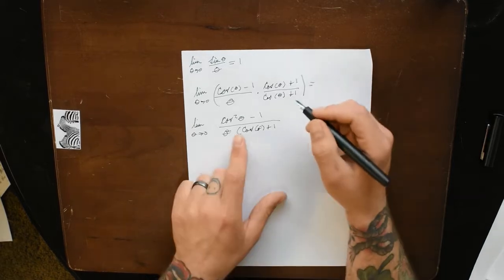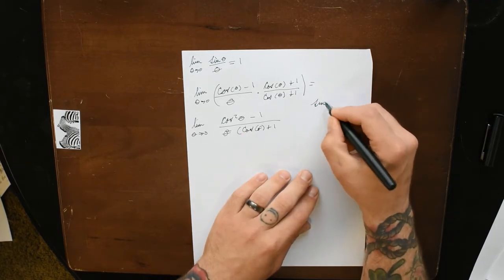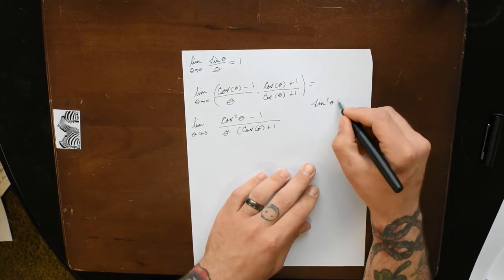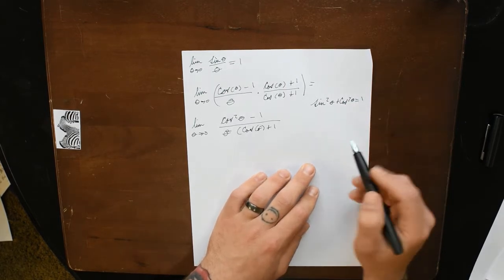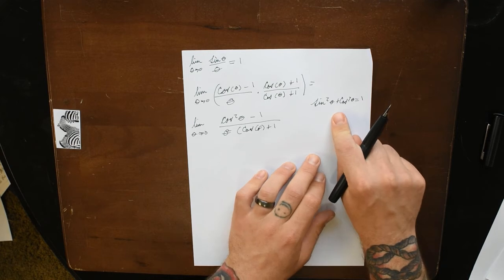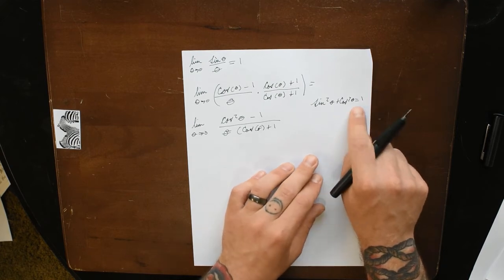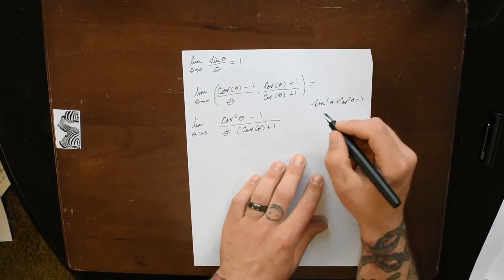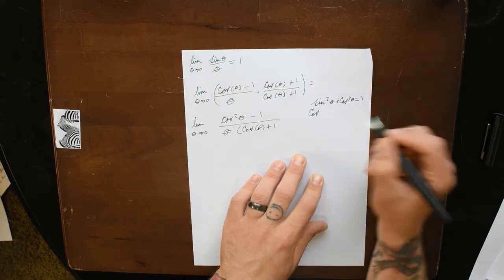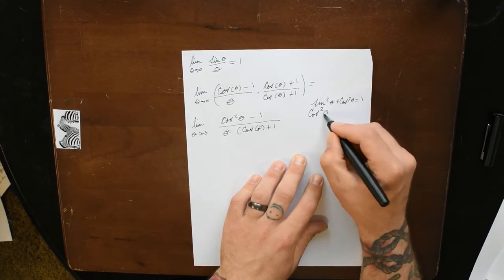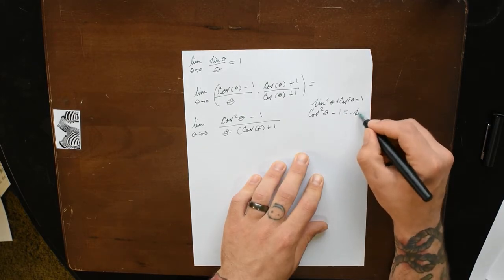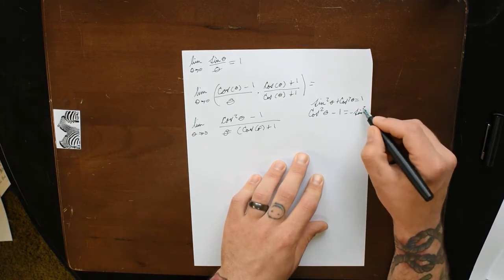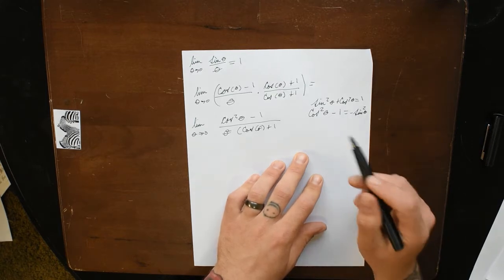And if you don't remember, sine squared of theta plus cosine squared of theta is equal to 1. One of the most important things you'll learn in a trig class. And what this says, if we rearrange this equation, is that cosine squared of theta minus 1 is equal to negative sine squared of theta.